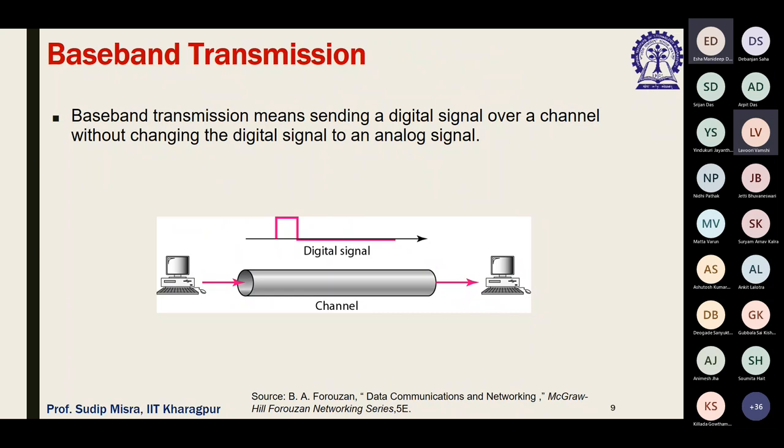The second one, you please note down, I do not have a slide for it. It is called the concept of low pass channel. Channels can be of two types, right? One is called the low pass channel. The other one is called the band pass channel, which I am going to talk about later on.